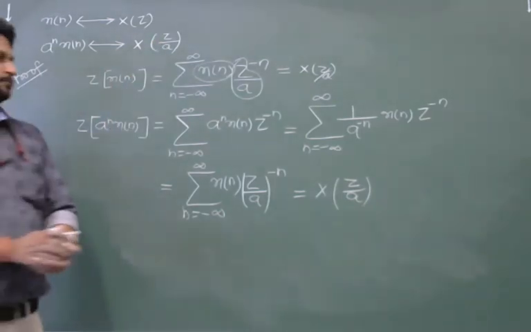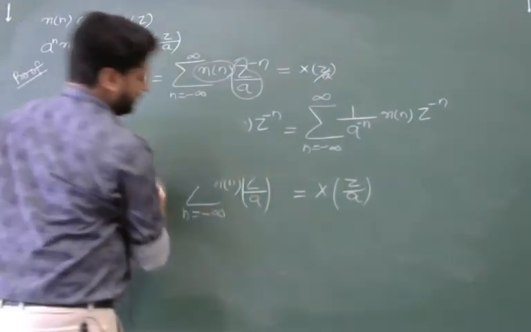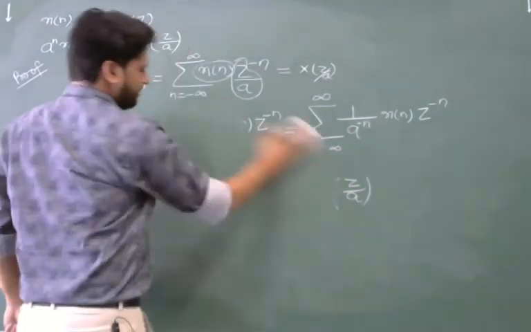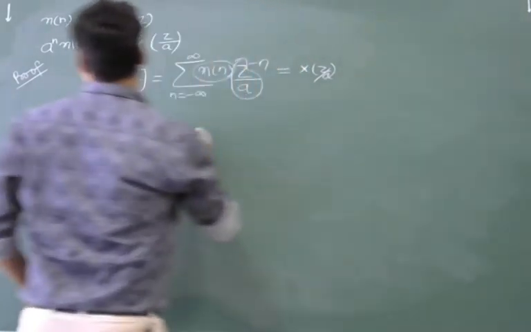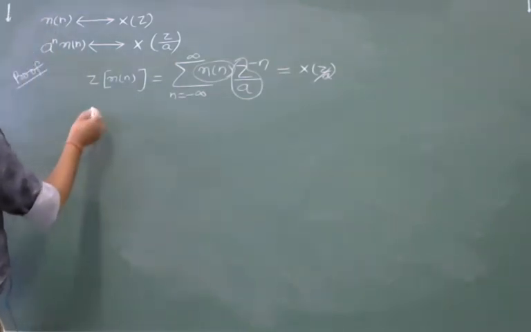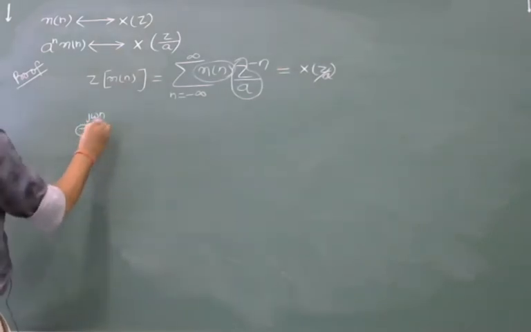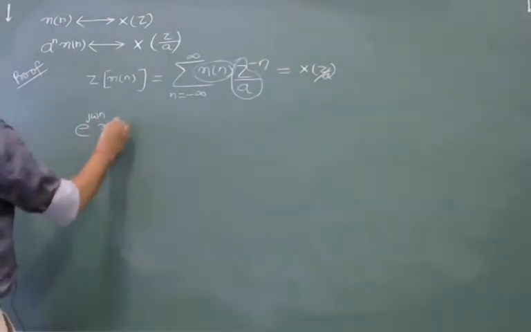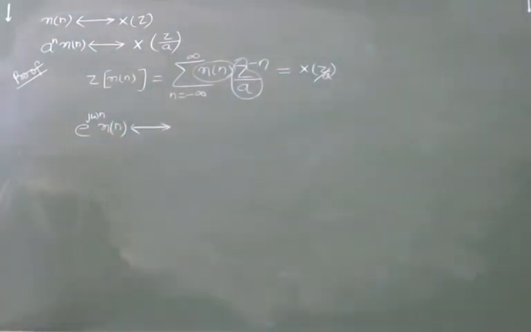Now if the given sequence in the time domain is multiplied by a complex exponential, suppose we are multiplying the signal in the time domain by e power j omega n x of n, then what will be the z transform?